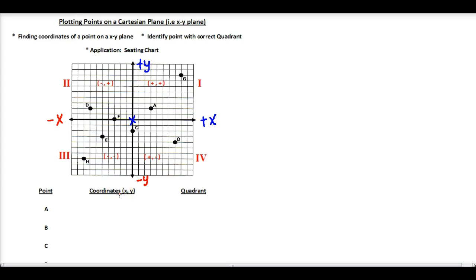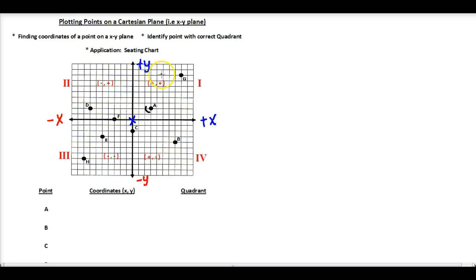And so knowing that, and assuming that each of the divisions or grids for this particular graph is representing one unit, we can figure out the location of these points by taking how many units we go from the origin in the X direction and how many units we go from that point in the Y direction. So as an example, I'm going to locate point A. If we look here for point A, we see that it's located right here.